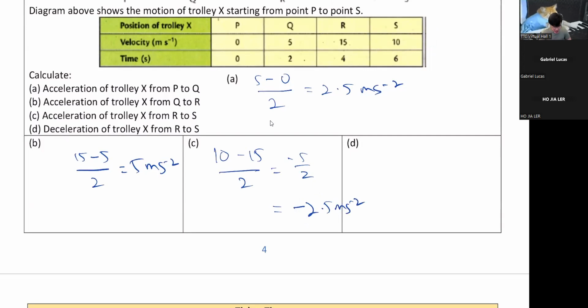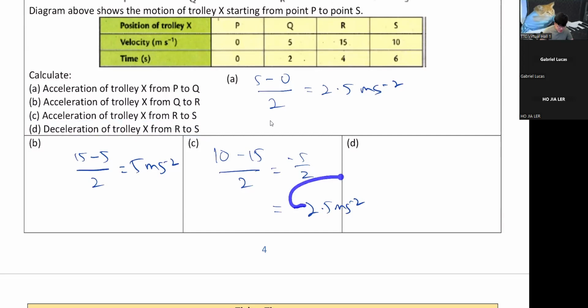When you see negative, what does it mean? That means the car is slowing down. Negative acceleration is when the car is slowing down. The next question, D, deceleration of the trolley from R to S. This question D is the opposite of C, so there's no need to calculate.